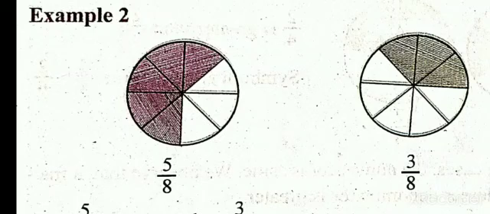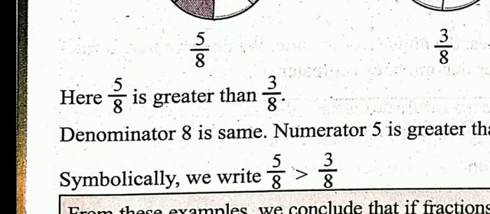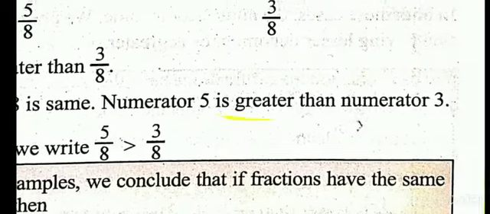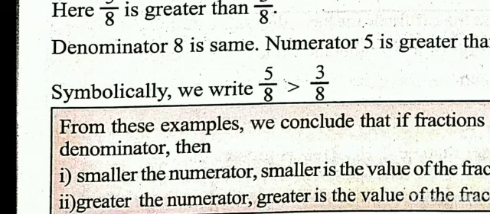So that's why we write 5 by 8 and 3 by 8. Here 5 by 8 is greater than 3 by 8. Denominator 8 is same. Numerator 5 is greater than numerator 3.